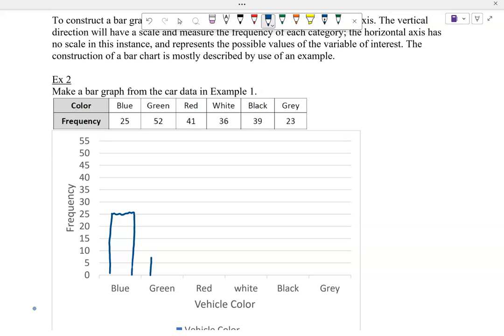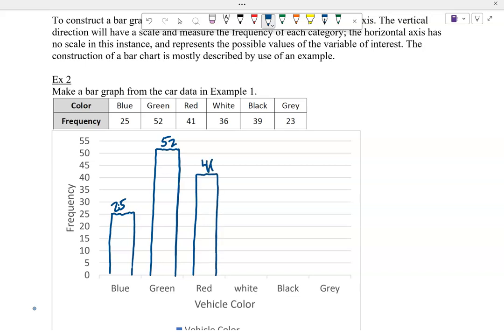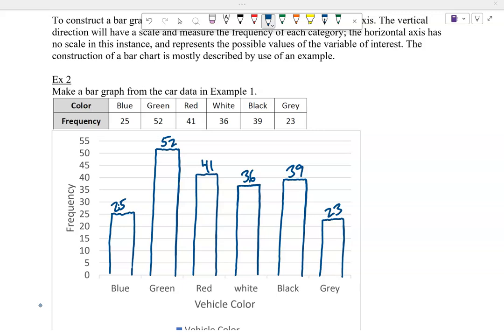We have 52, so we're going to go clear up here, about right there, 52. And if you want, you can actually put the frequency at the top of each bar. Red, we got 41. And so on. And there's the rest of them for our bar graph.